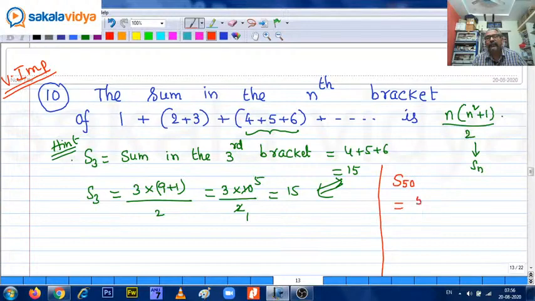S50 is equal to 50 times 50 square plus 1 upon 2. 25 times, 50 square is 2500, plus 1, 2501. So 2501 times 25. Next, 625. I think this one is the answer.